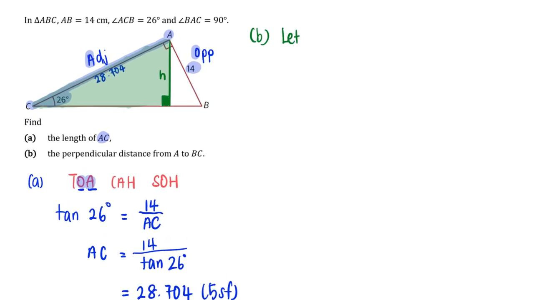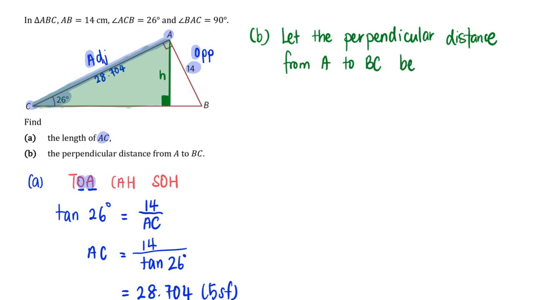Do let people know that we are going to let the perpendicular line or perpendicular distance, which is the word that they use in this question, from A to BC be H cm. So people know that this is indeed H.